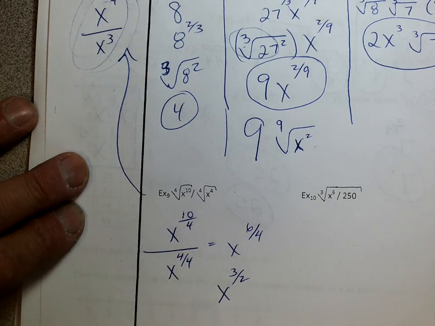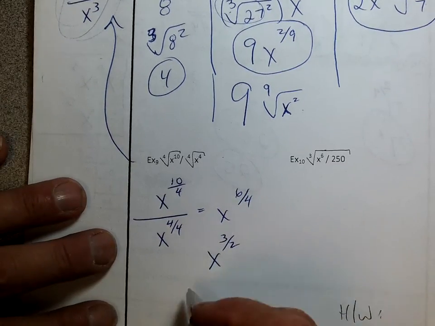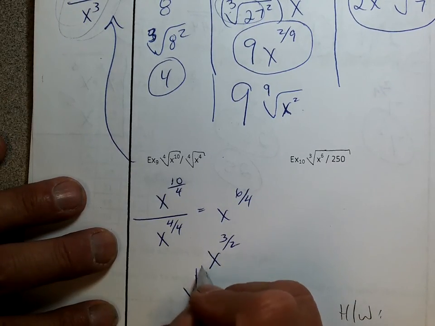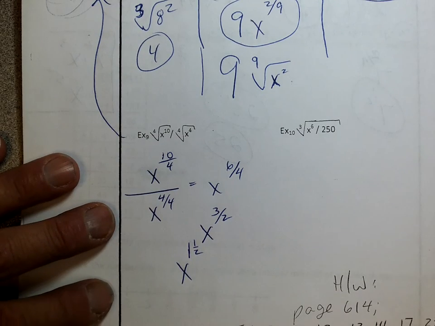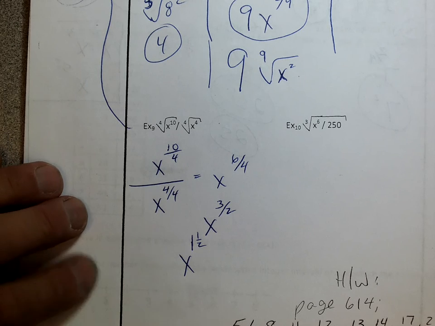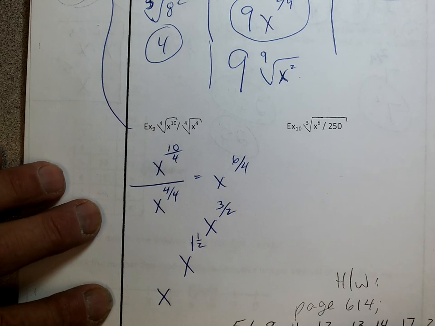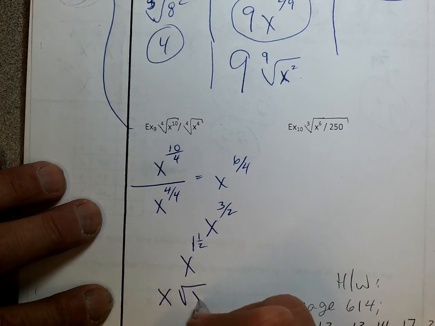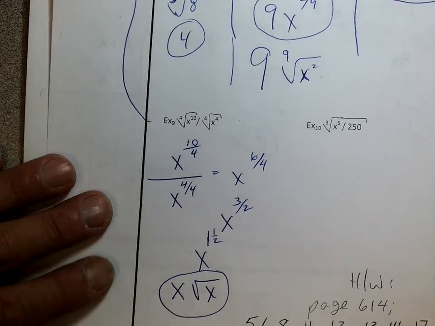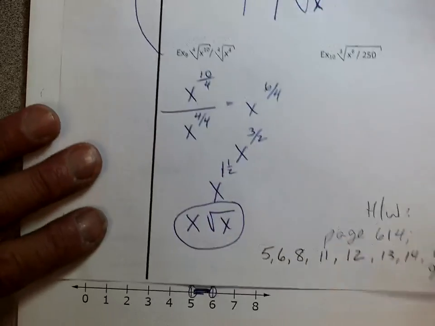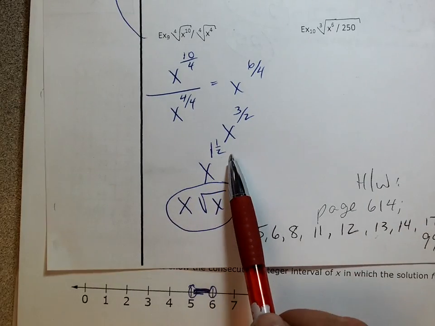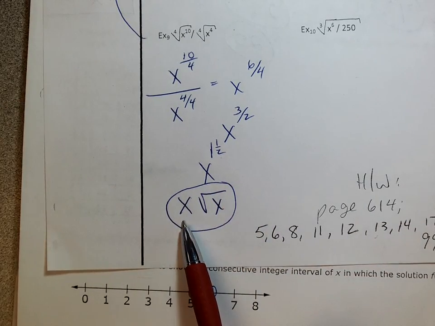Why not, right? How about we change this to x to the 1 and 1/2. You okay with that? So how about x times the square root of x. This is going to fry your mind, but hopefully not. How did I go from x to the 1 and 1/2 to x square root of x?